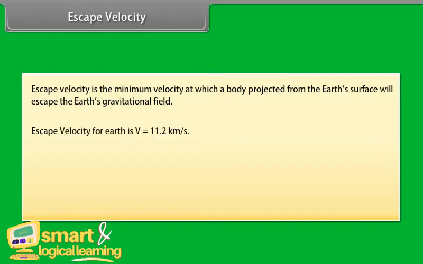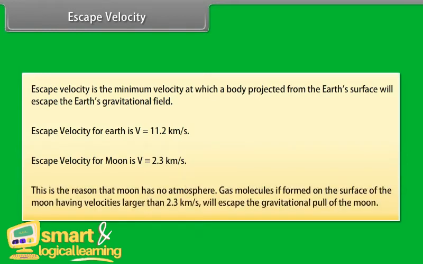Escape velocity for the Earth is v equal to 11.2 km per second. Escape velocity for Moon is v equal to 2.3 km per second. This is the reason that Moon has no atmosphere. Gas molecules, if formed on the surface of Moon having velocities larger than 2.3 km per second, will escape the gravitational pull of the Moon.